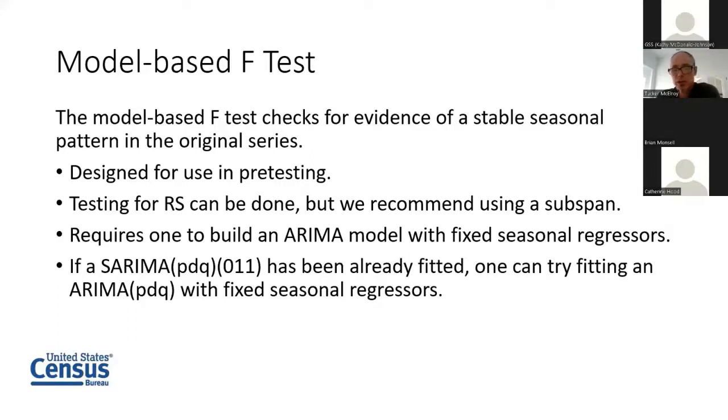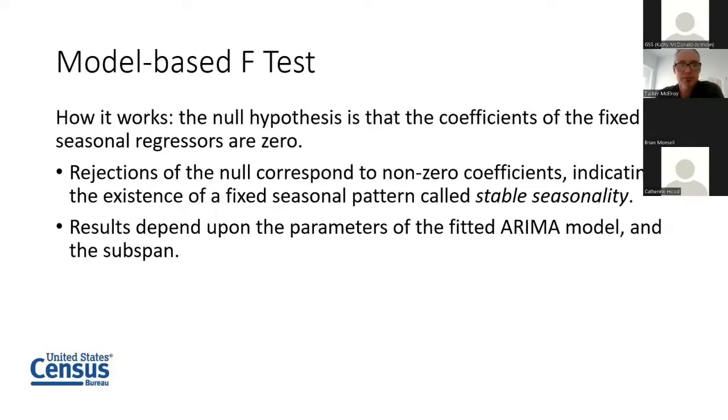So for instance, if you had a seasonal ARIMA (0,1,1) that's already been fitted, well, if you're familiar with structural models, this kind of model can be sort of close to an ARIMA with fixed seasonal regressors, potentially. And so that's one way of building that test statistic. So it does require the user to go and build a model first.